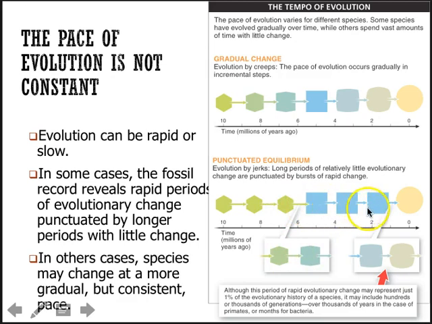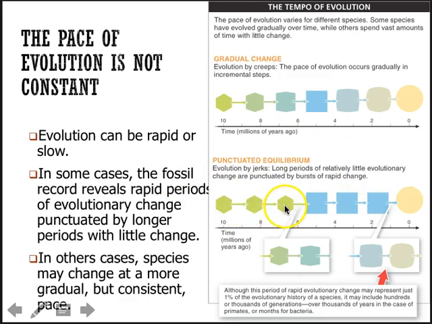Then we see this long period of stasis, not changing, followed by some seemingly rapid change over the course of just maybe 500,000 years or so. I mean, that's a long time, don't get me wrong. The change is very rapid. So we call this punctuated equilibrium.